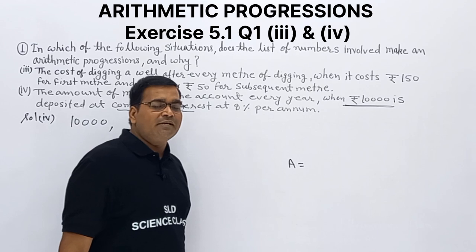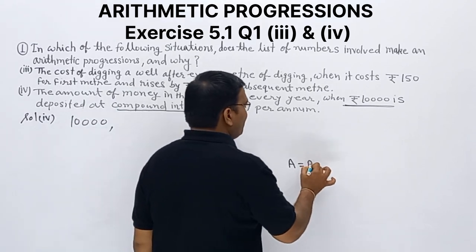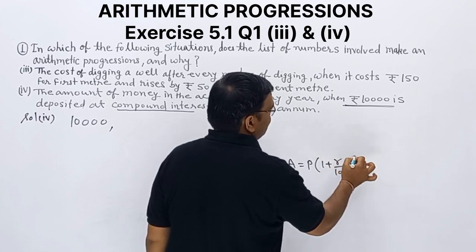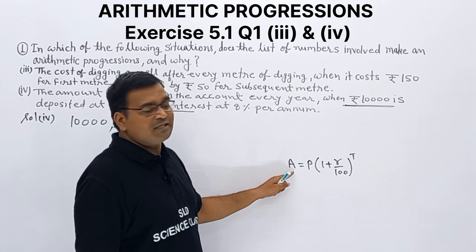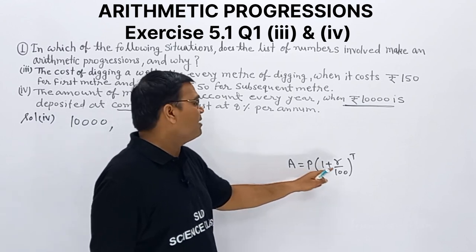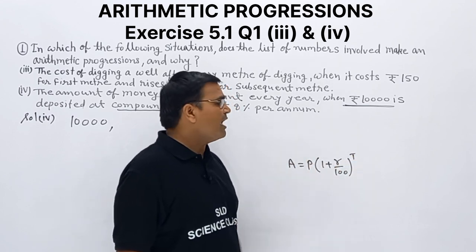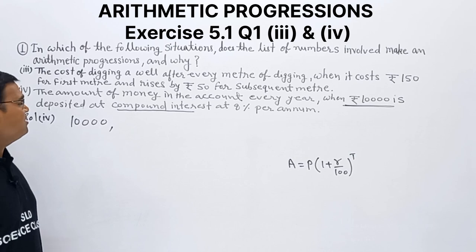For compound interest, the amount will be principal times 1 plus rate upon 100, to the power t. This formula we will apply for the next year.